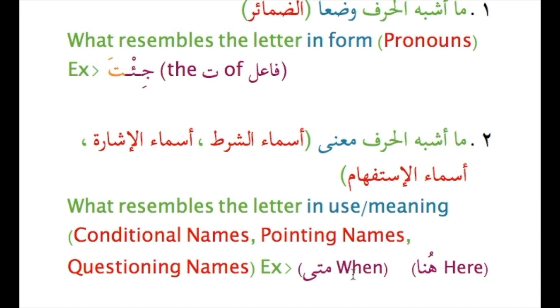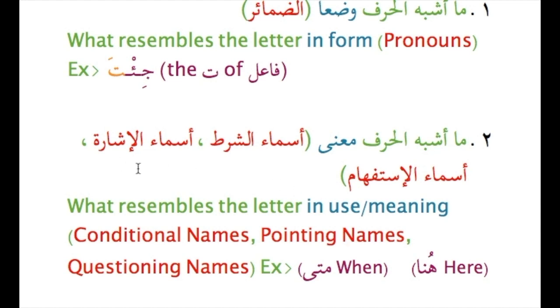And I have here 2 examples. One of them is متى, which means when, and this one can be used as a questioning name, like saying متى جئت, when did you come, or it could be used as a conditional name, as in متى تقم أقم, when you get up, I will get up, right?